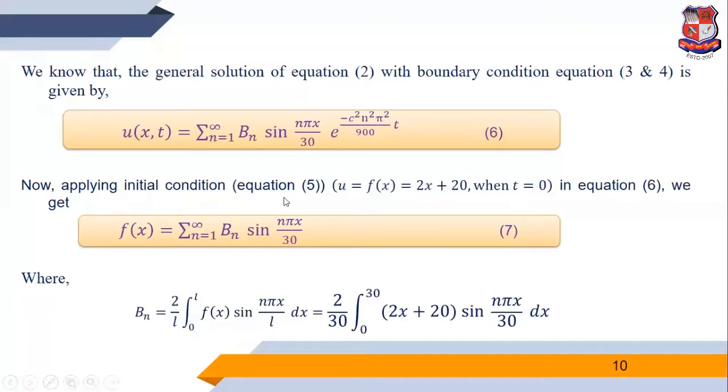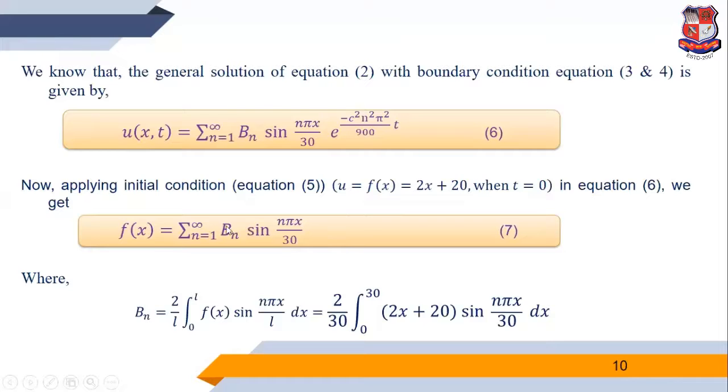Now applying the initial condition, equation 5, when time t is equal to 0, the initial temperature distribution f(x) is equal to 2x plus 20. We input this value in equation 6. So t is 0, u(x,0) is f(x), and f(x) is 2x plus 20. So we write f(x) as the summation n is 1 to infinity b_n sin(nπx/30). So equation 7. Now this is the Fourier half range sine series.